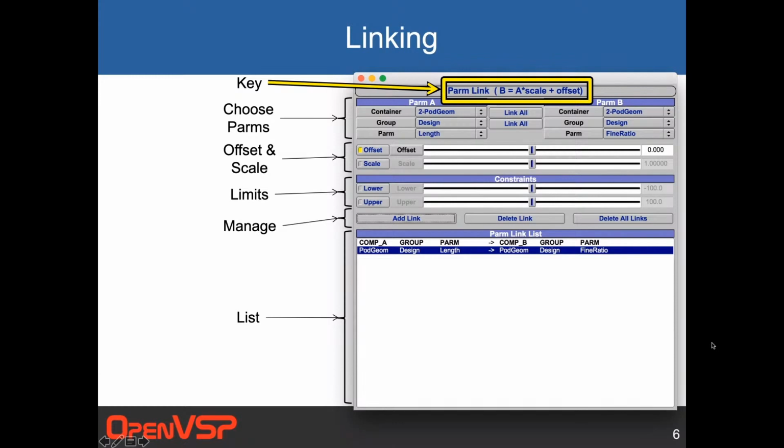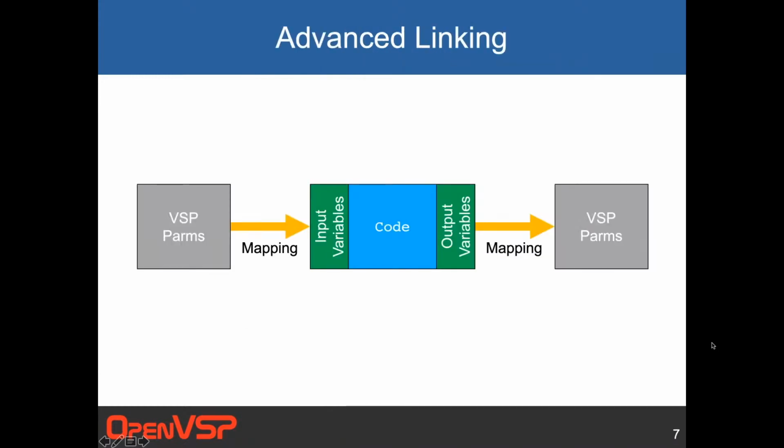A little bit more recently added is what we call advanced linking. And the way that that works is you get to pick any VSP params you want as input params, and those will have their own identifier that VSP uses. So first we map them to an input variable. You give them labels.